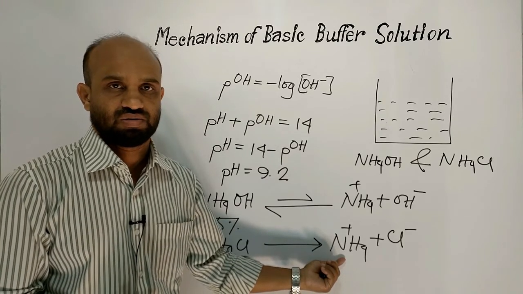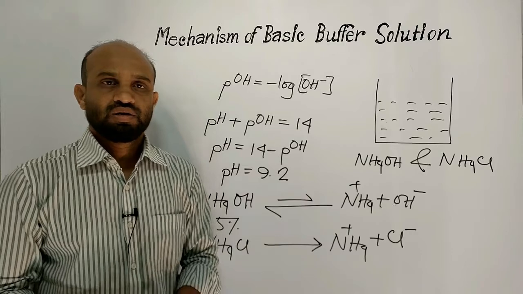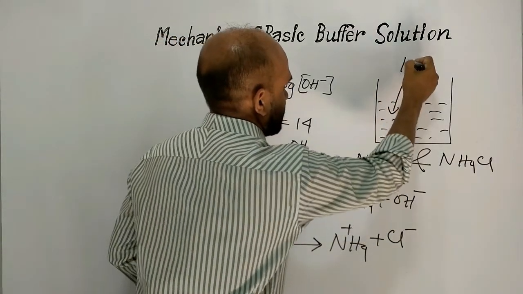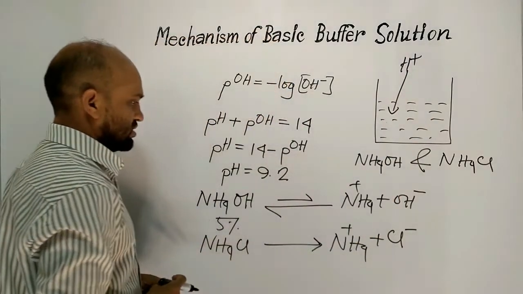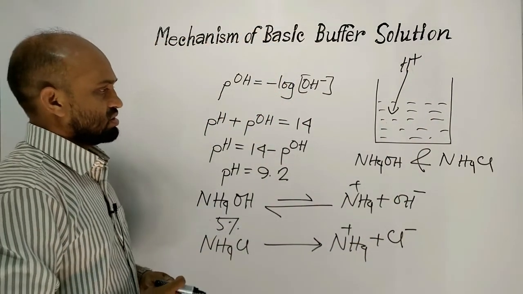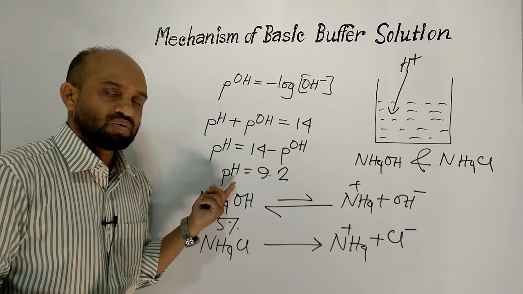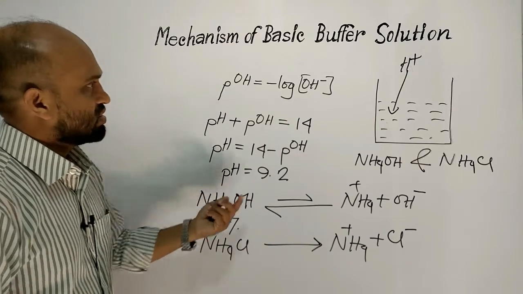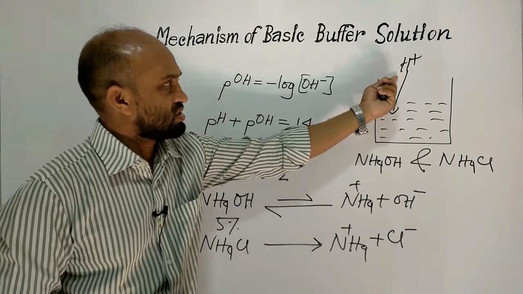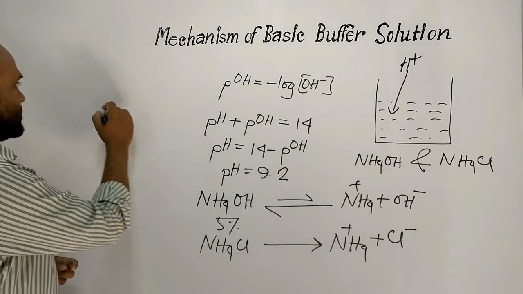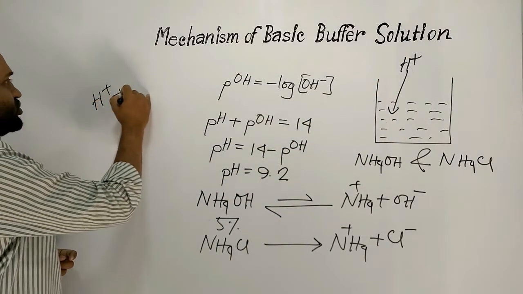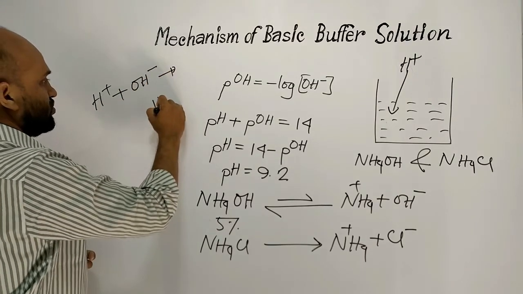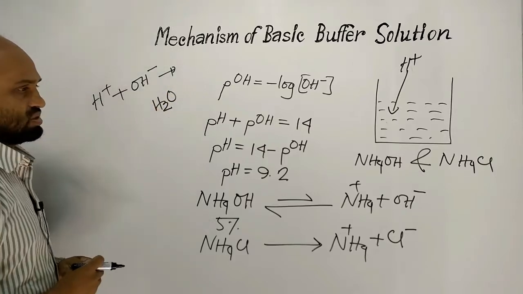The role of this salt in the basic buffer solution is it increases the concentration of ammonium ion in the solution. When in this solution small amounts of acid is added, then let's see how pH value remains constant. When acid is added, it reacts with hydroxide ion to form water.